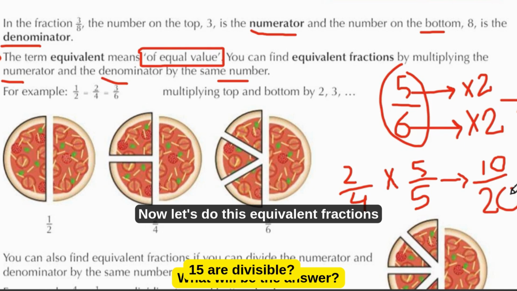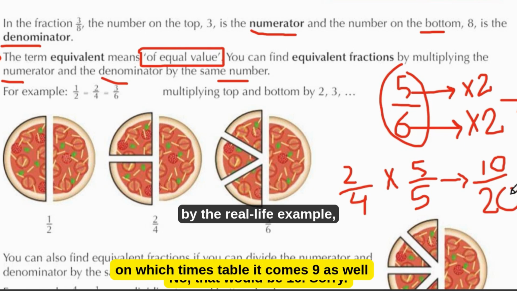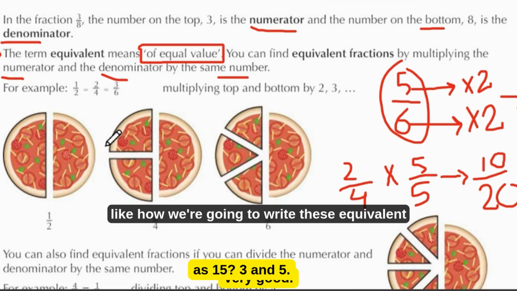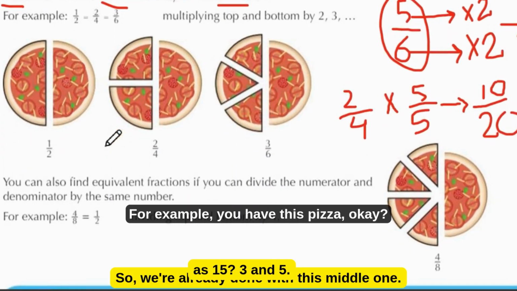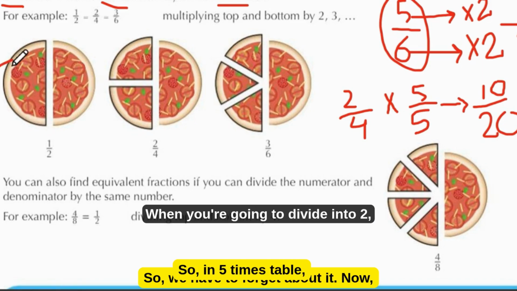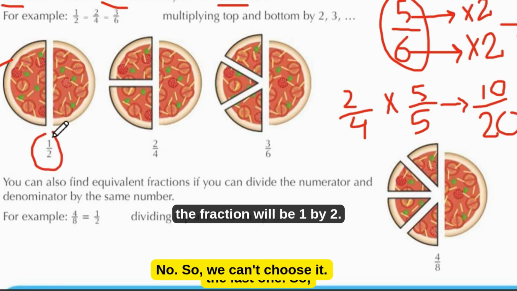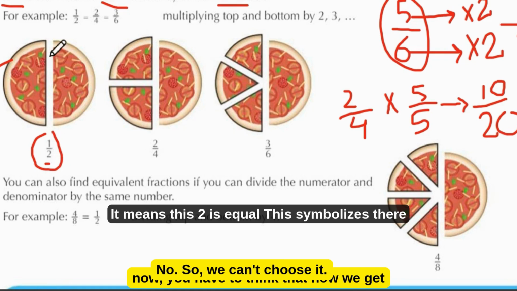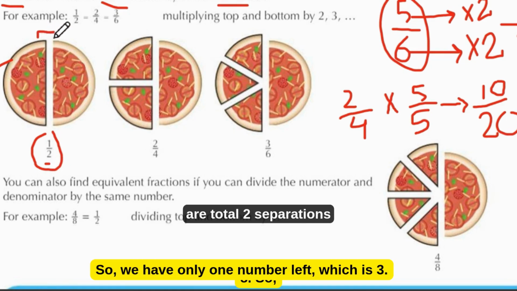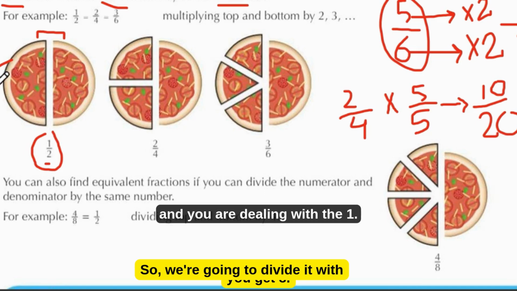Now let's do equivalent fractions with a real life example. For example, you have this pizza, okay? When you divide it into 2, the fraction will be 1 by 2. This 2 symbolizes there are a total of 2 separations and you are dealing with 1.